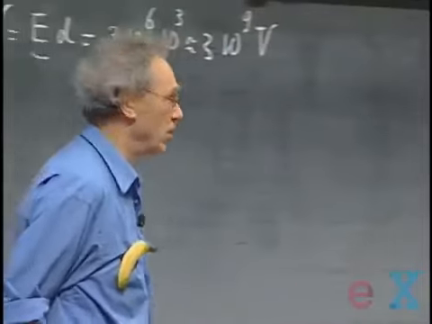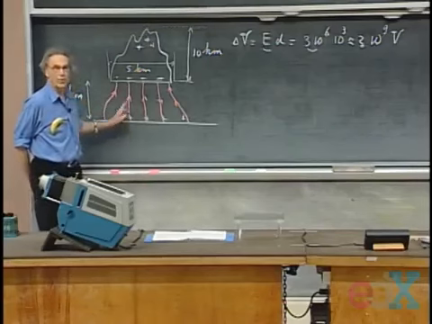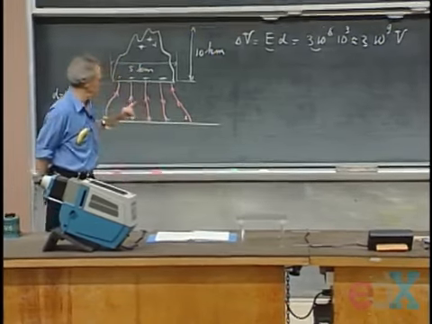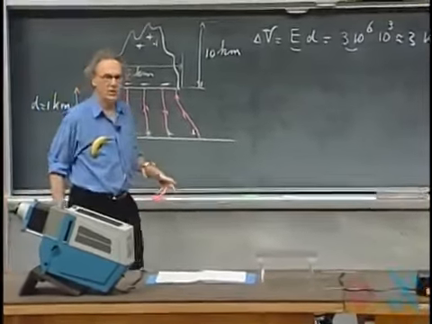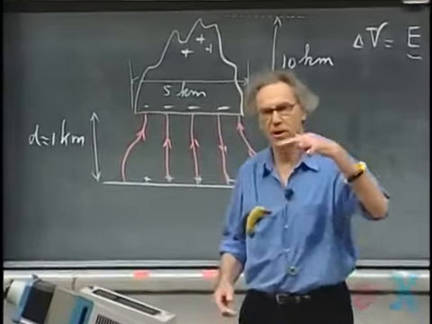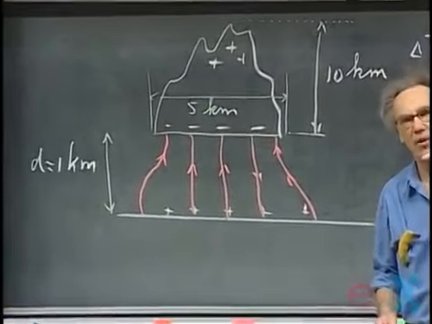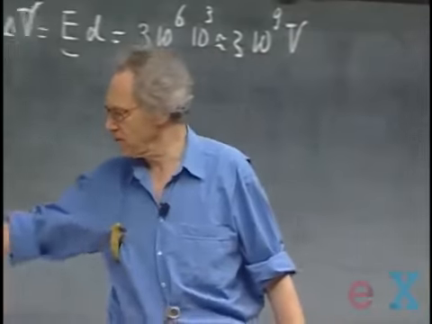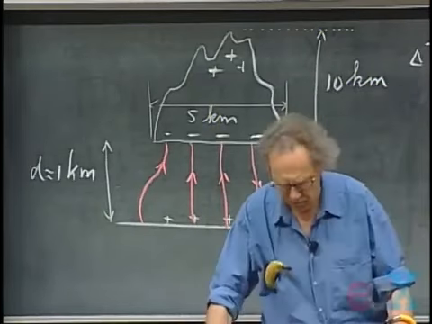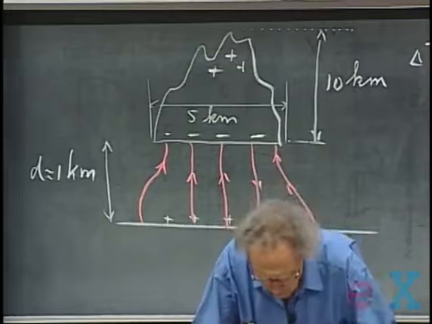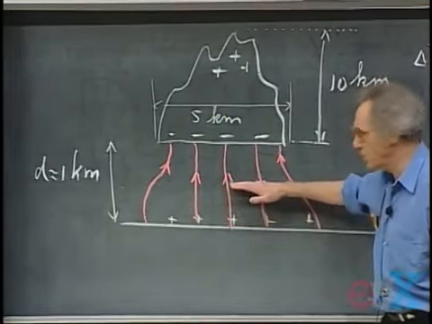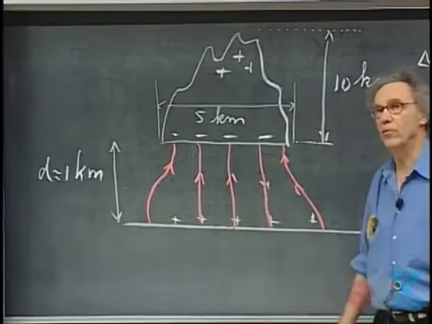The step leader creates a channel of ionized air, full of ions and full of electrons, which is an extremely good conductor. And when this step leader reaches the ground, there is this highly conductive channel, and the electrons can now very quickly flow from this channel to the ground. That starts first right here at the surface of the Earth. That's where the electrons will first go to the Earth, and then successively electrons which are higher up in the channel will make it down to the Earth.